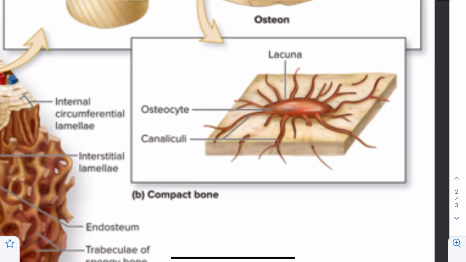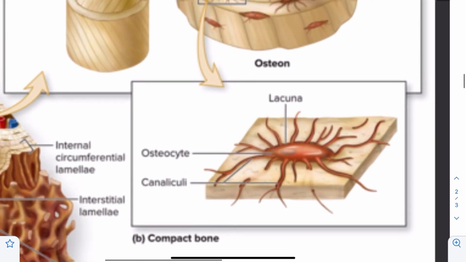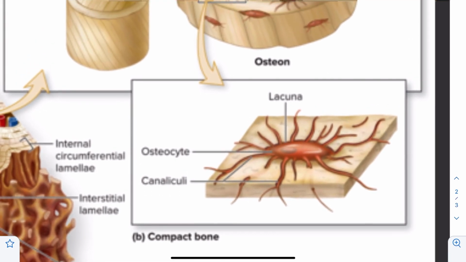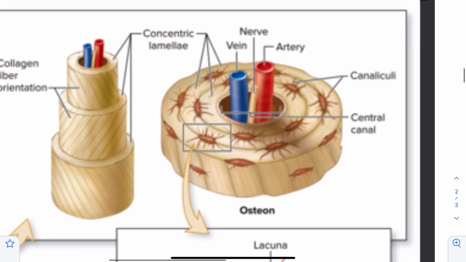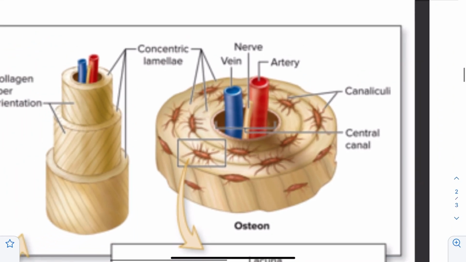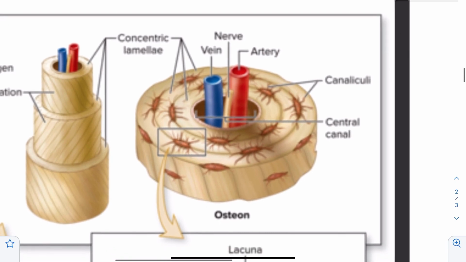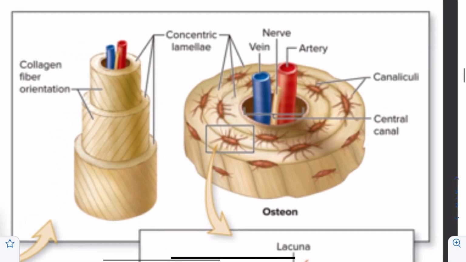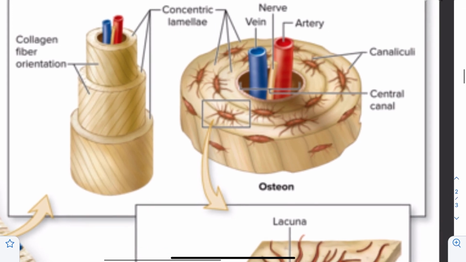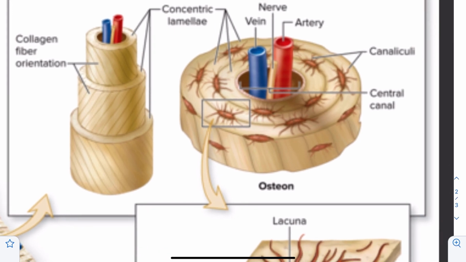And the osteocyte is going to send out these projections called canaliculi. Because remember, the bone matrix is hard, but this osteocyte is still living. It needs to get nutrients. So it's going to send out these canaliculi to communicate with other cells and to receive nutrients from this central or Haversian canal. And in this canal, we have blood vessels, and we also have nerves, because yes, bone is innervated.